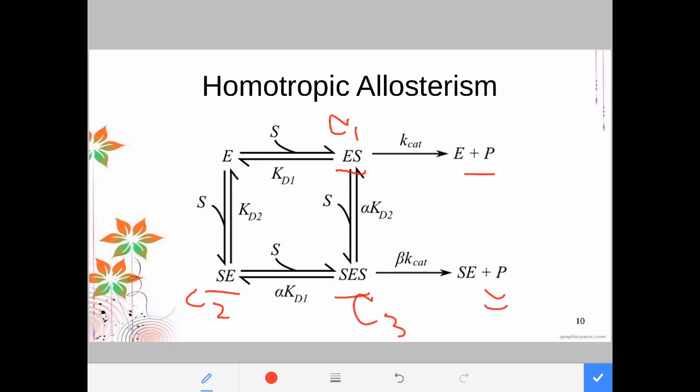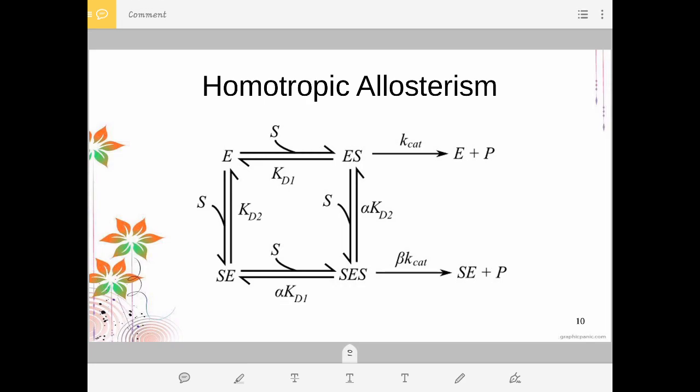And this complex 1 can also accommodate the second substrate to form the complex 3. So all in all, you have how many? Four reversible reactions and two irreversible reactions. Those are the catalytic steps. So this is quite complicated compared to the simple Michaelis-Menten enzymatic reactions, but let's make sense of that.